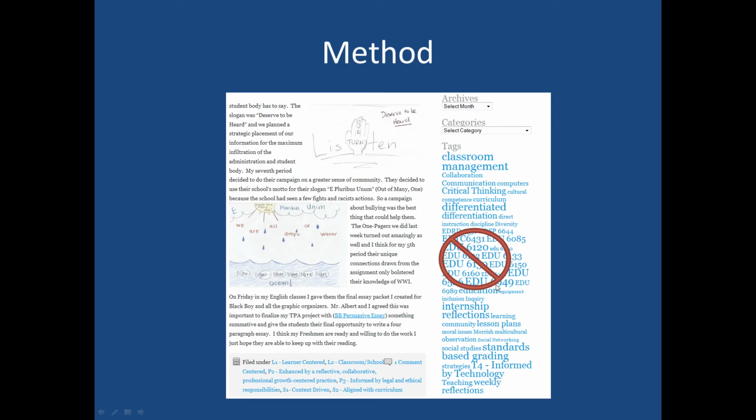Terms where the course number was shown were not used as part of that count because they're not necessarily unique terms. Those are just more associated with the particular class that the student was taking. In addition, you could easily count up the number of entries by searching through the archives or categories. So those numbers were also summed.